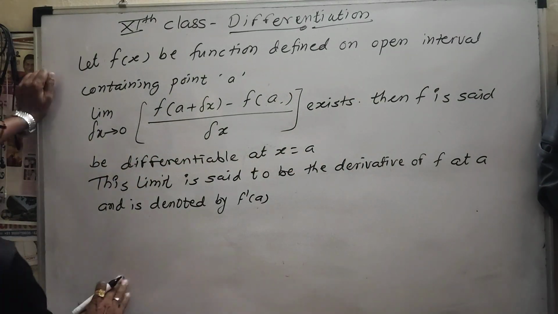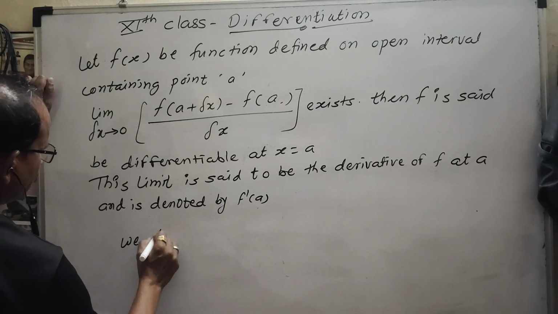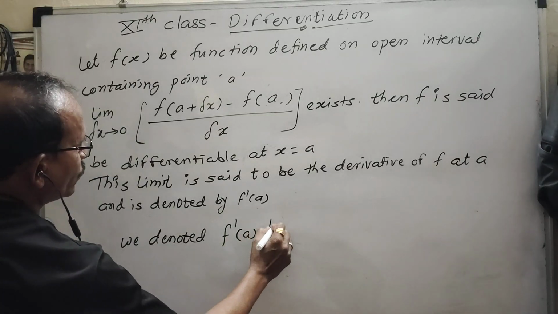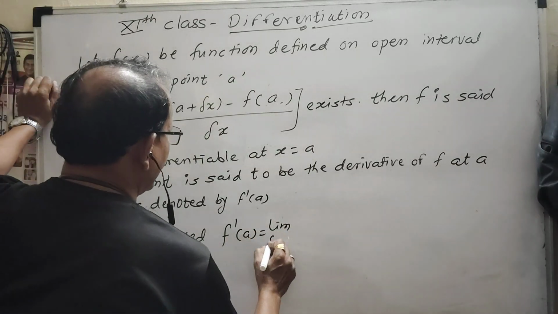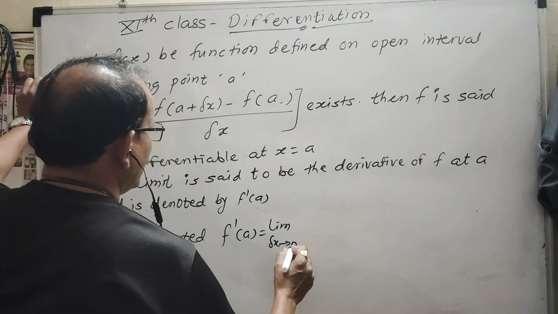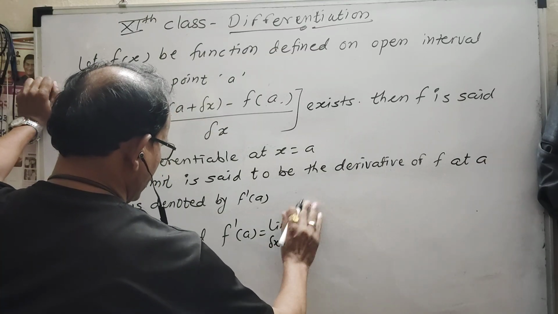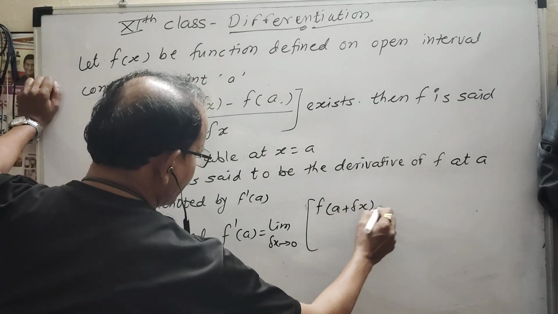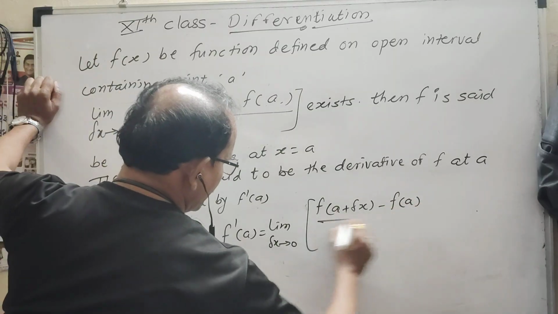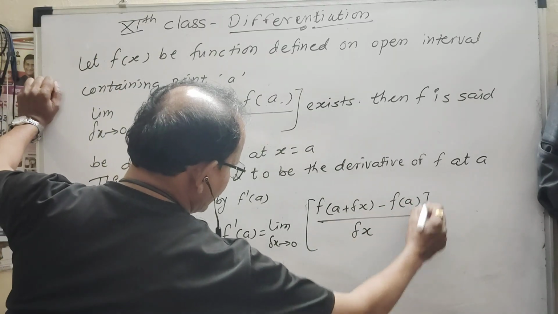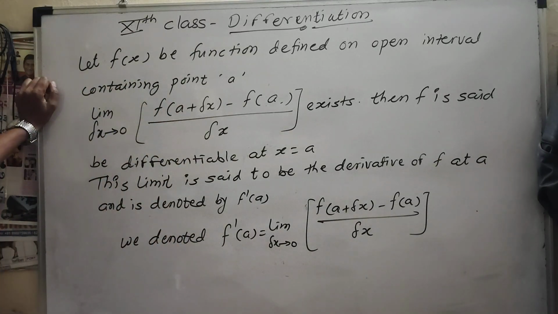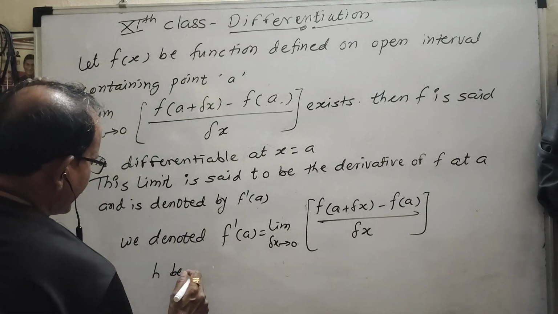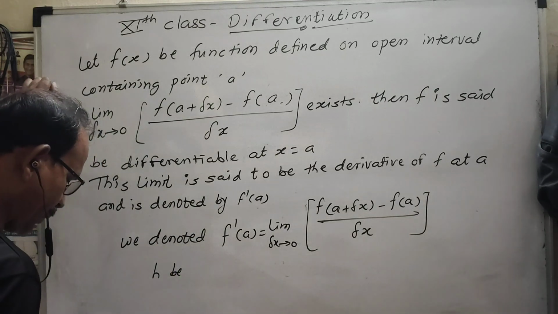Then we denote f dash of a is equal to limit delta x tends to 0, f of a plus delta x minus f of a divided by delta x, which is the first principle of derivative.